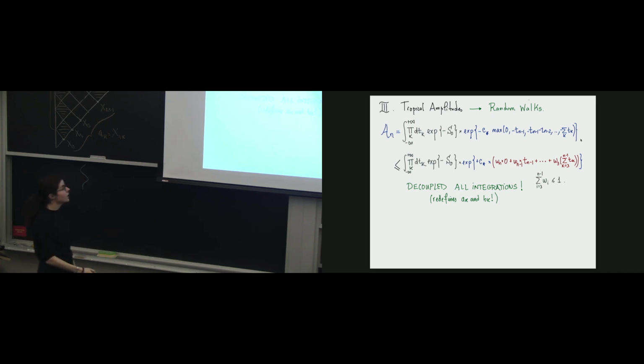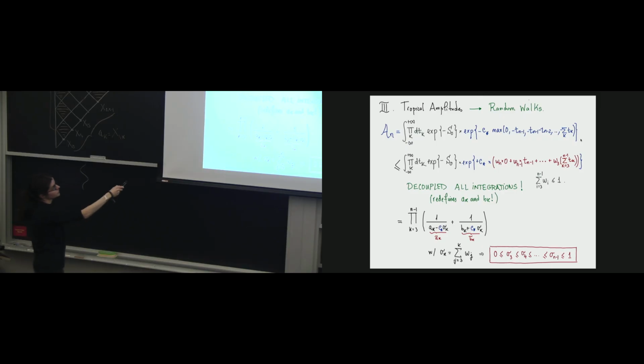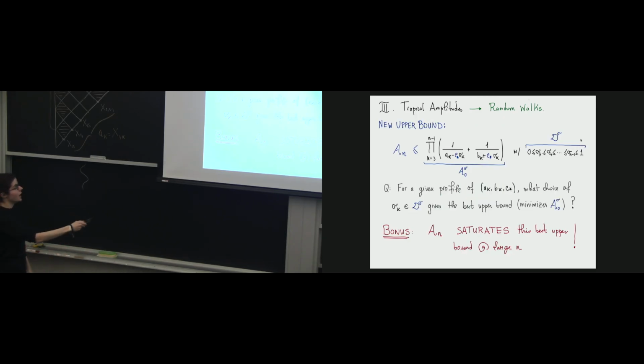So that now this new result that I get is the same decoupled product where now the AKs and the BKs are shifted by C star times sigma k, where these sigma k's are basically the consecutive sums of the weights. Since the weights themselves have to be between 0 and 1 and positive, the sigma k's have to now be ordered and also live between 0 and 1. Okay? Anyway, so this is my new upper bound.